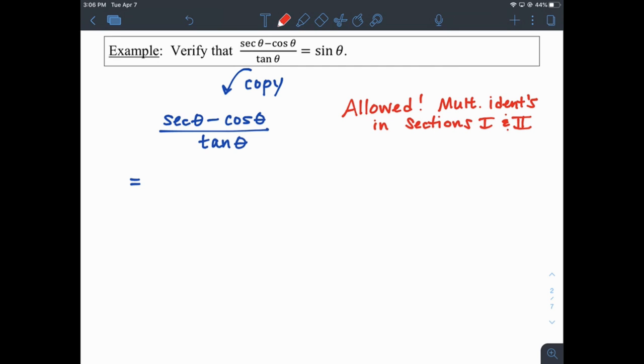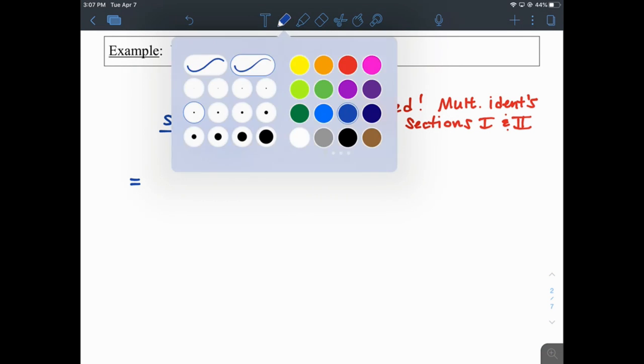That's fine. I don't want you doing like 3-4 different identities, and do a reciprocal and do a quotient and do a Pythagorean, and it gets too much to handle. But if the purpose is I want sines and cosines everywhere, you can throw down multiple identities as long as it's reciprocal and quotient. I will let you do that.